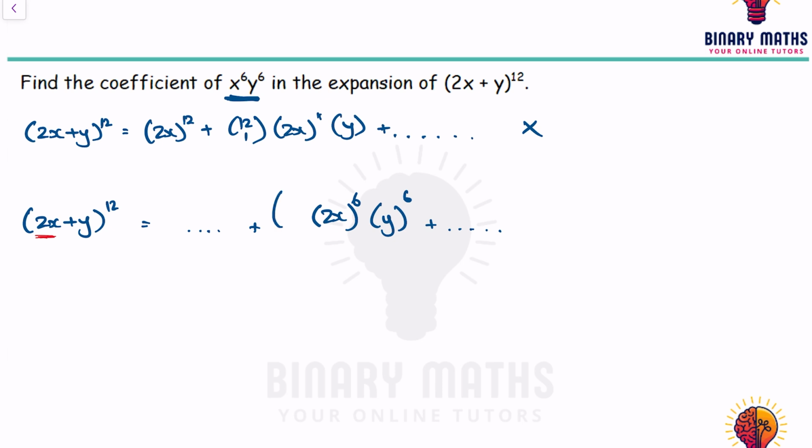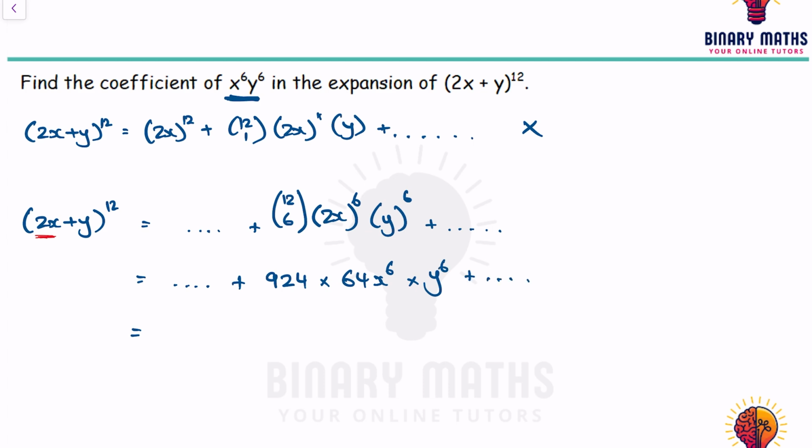All I need to know is what choose function that is. Because n is 12, that must be 12, and because we've got (2x) to the power of 6, it must be 12 choose 6. If I put this into the calculator, 12 choose 6 is 924. (2x) all raised to the power of 6 is just 64 x to the power of 6, and y raised to the power of 6 is just y to the power of 6.